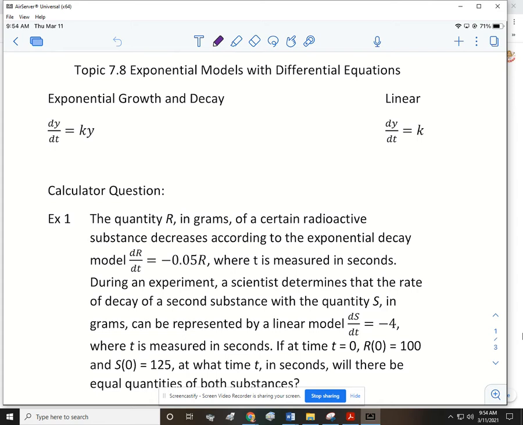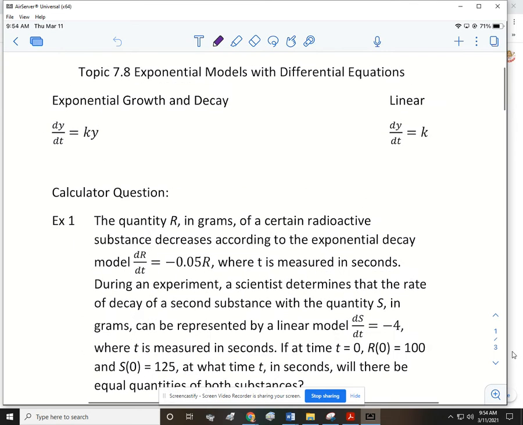All right, so we have the exponential growth and decay differential equation, and I'm going to show you what that translates to, the exponential equation. The exponential equation is going to be y equals a sub 0, which is going to be the initial amount, times e raised to the kt, where this is the same k.